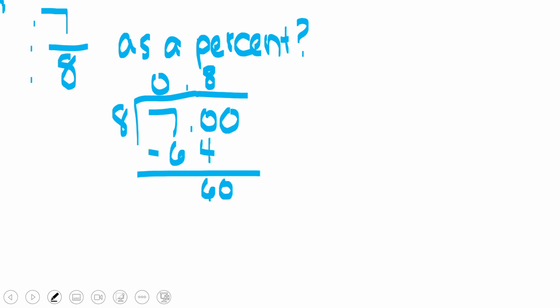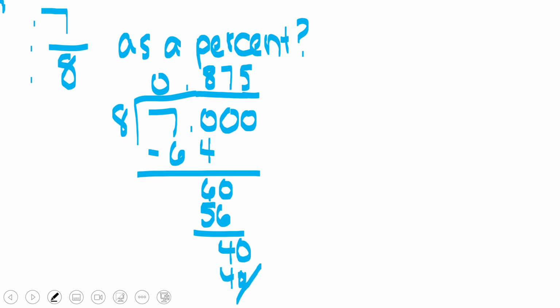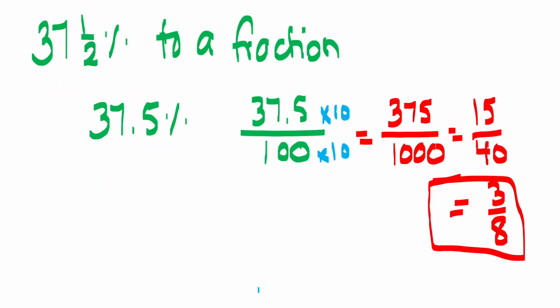And 8 into 60, 7 times is 56. And we're going to annex one more just to see what happens. 8 into 40, 5 times. Now our division problem terminates. Okay, we have an actual decimal here. Okay, so we have a decimal and we want a percent.